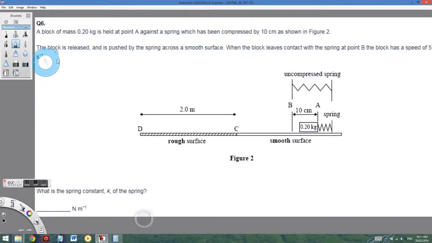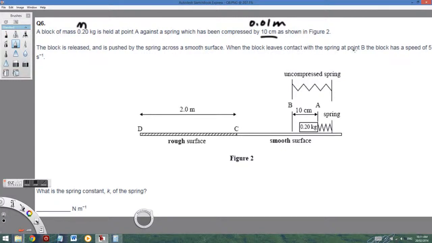Now let's do this one. We have a mass that has been compressed by 0.01 meters. Now the block is released.